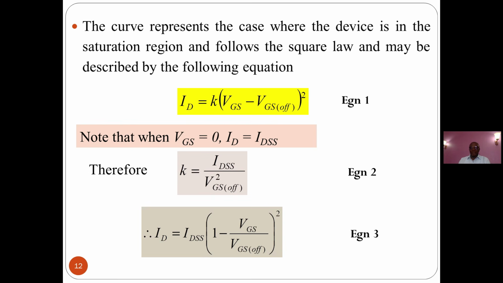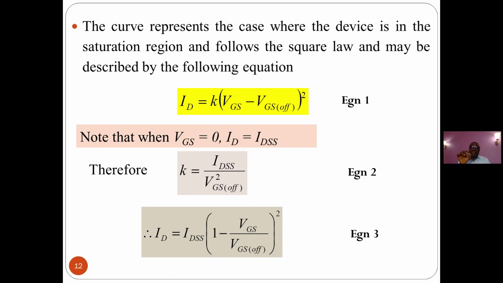For instance, if we look at equation 1, if K is 1 and V subscript GS, that is gate source voltage, is 5, for instance, and the cutoff voltage, gate source voltage, is 4, you can see that 5 minus 4, which is 1 squared, will give you 1.